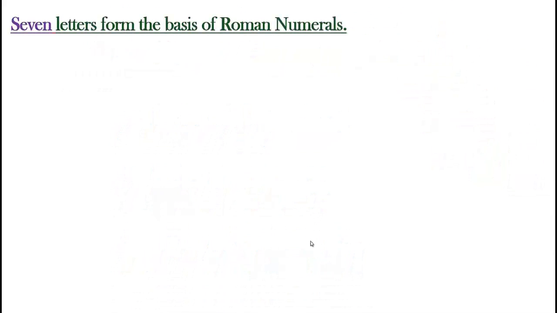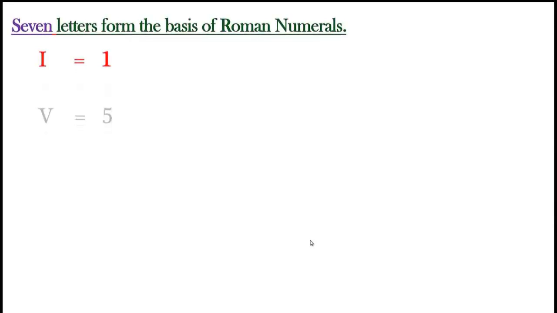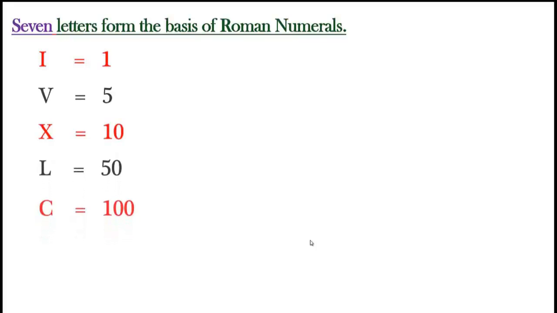As I said in the previous class, the 7 letters which form the basis of Roman numerals and their values are I is equal to 1, V 5, X is 10, L is 50, C is 100, D is 500 and M is 1000.